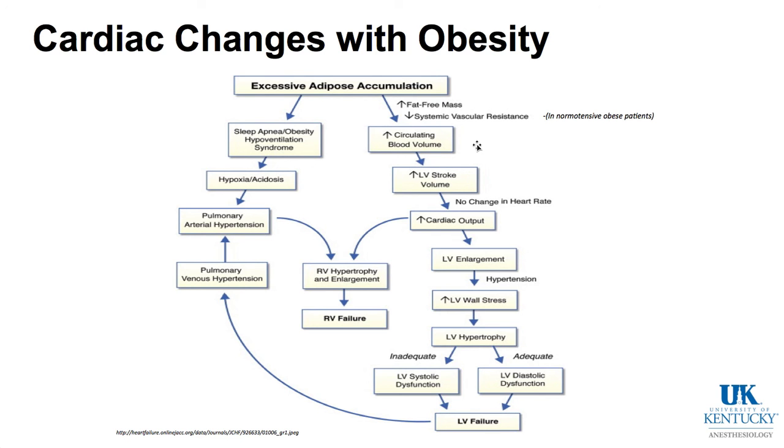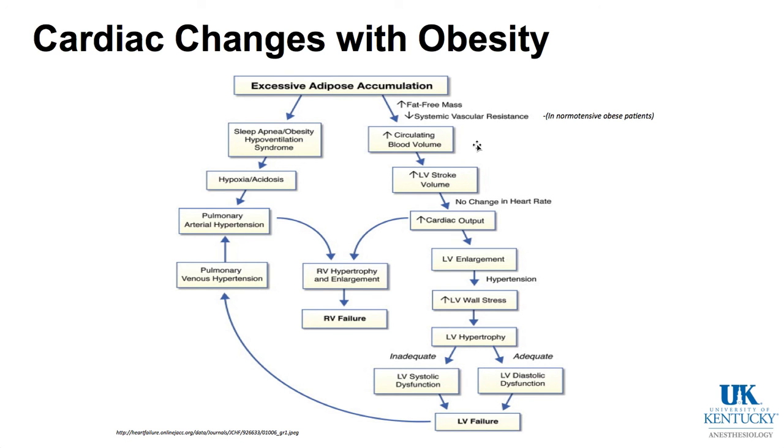The LV can enlarge, the wall stress can go up, it can hypertrophy, and if inadequate hypertrophy, you can have LV systolic dysfunction with a low ejection fraction. You can also have LV diastolic dysfunction with high LV EDP and poor relaxation, both contributing to LV failure.